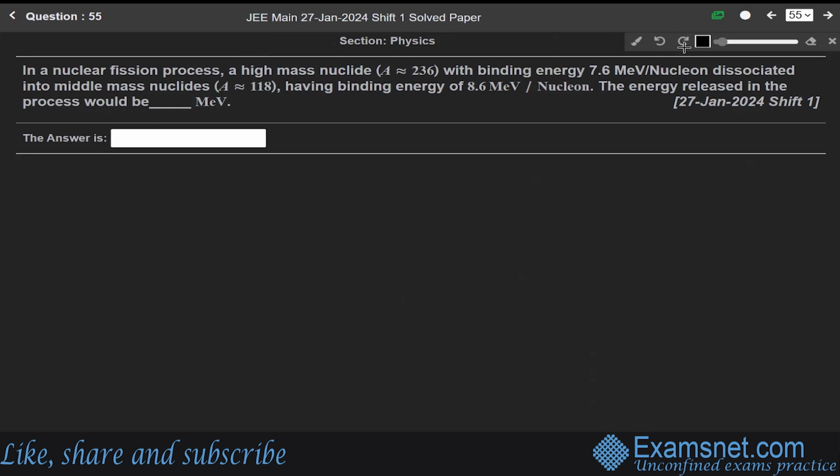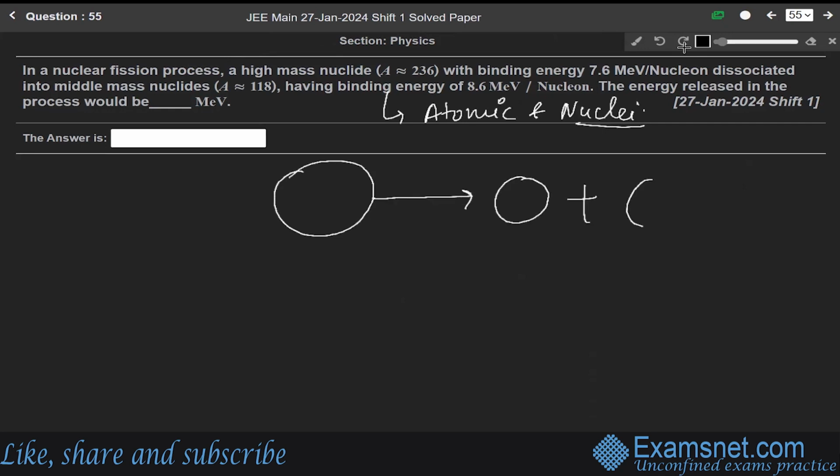So this question is from the chapter of atomic and nuclei. According to this question, a nuclear fission process is taking place and this is breaking up into two equal parts. So the energy released in this process is equal to binding energy of the product minus binding energy of the reactant.